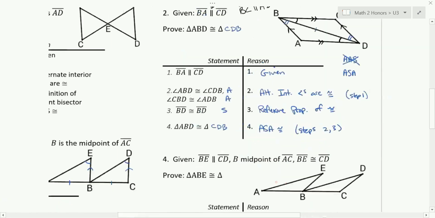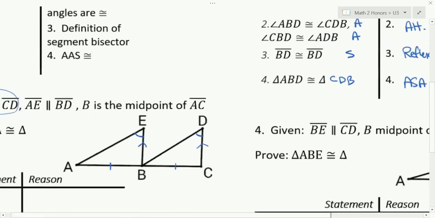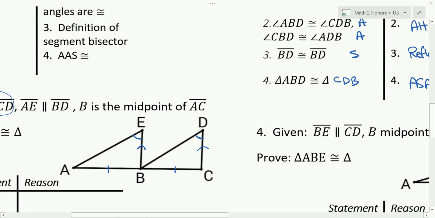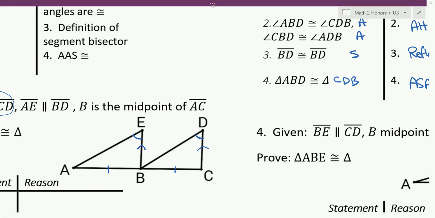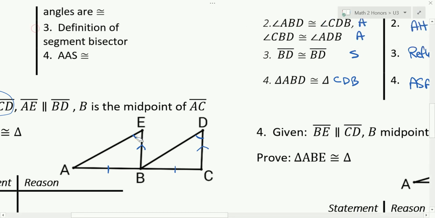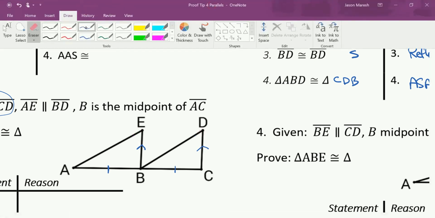So let's make sure we have that here. So E and D, they both touch a parallel, yes. But do they both touch a common segment? So because it doesn't have that second part, we can't do that. And so I'm glad you chose it because it's tempting to do.